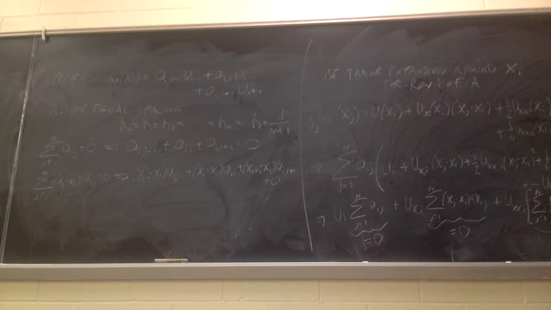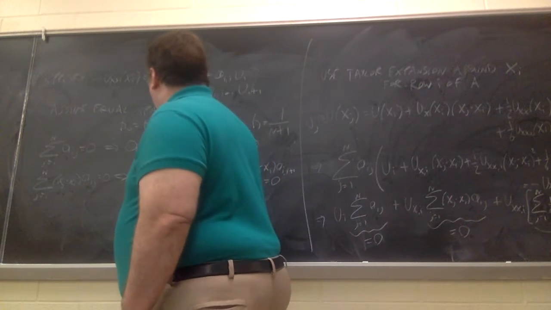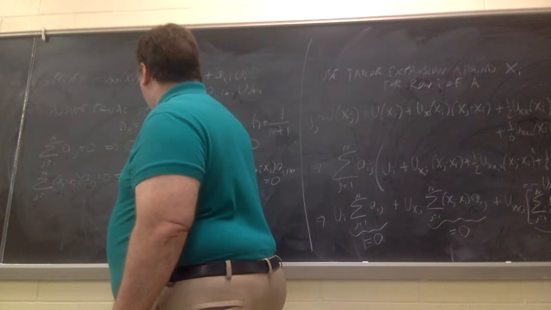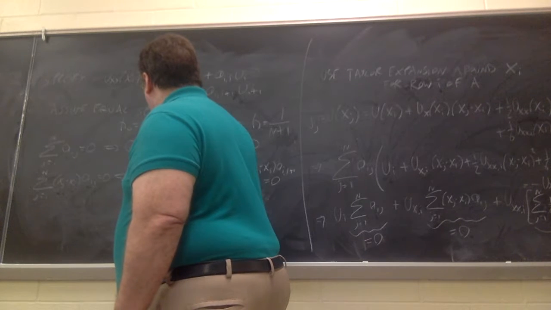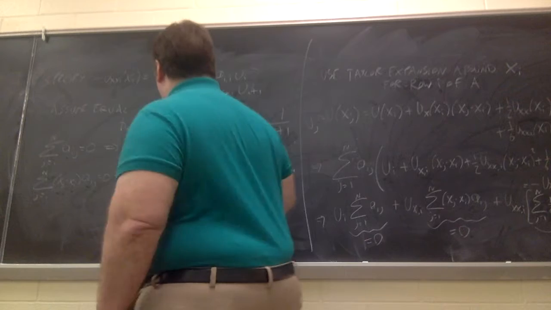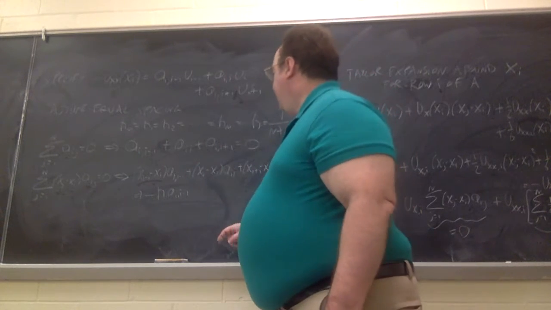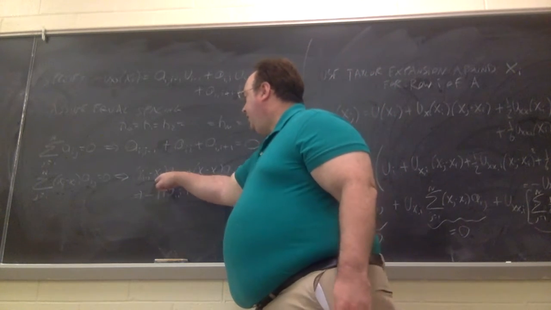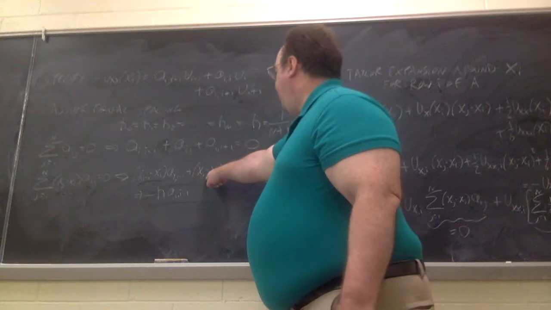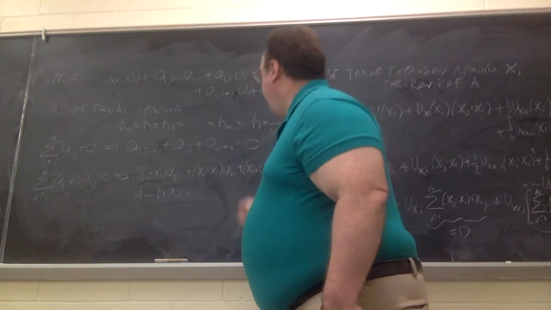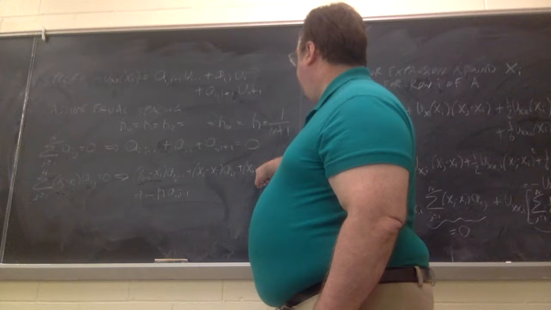But now I can account for there being uniform spacing. So this is minus h, because this point is to the left of this one. This is 0, that's xi minus xi. And this is going to be plus h.